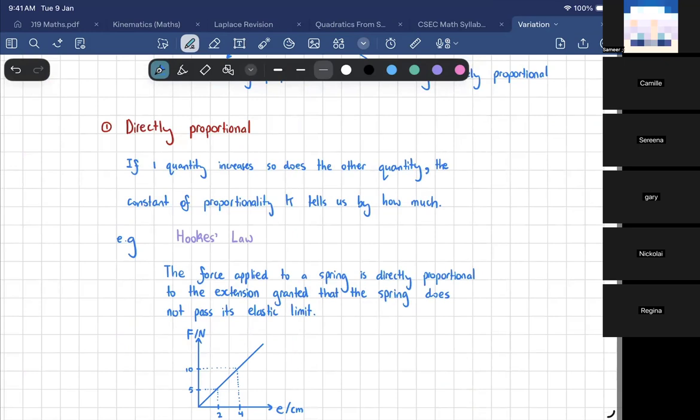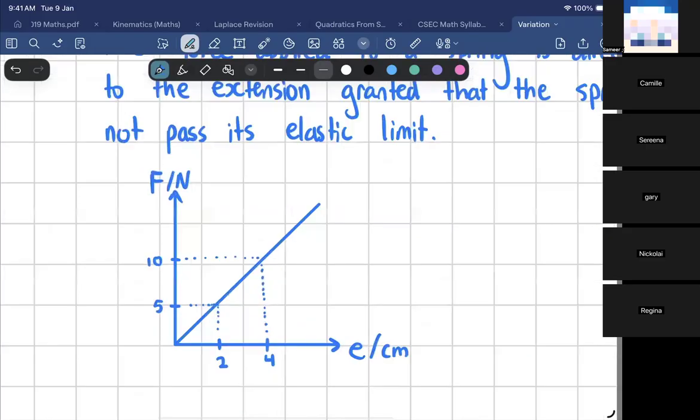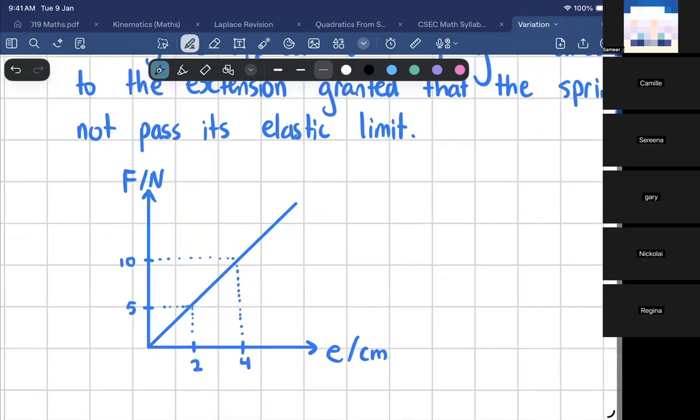Nikolai, if you have a spring and you pull it with some force, what happens to the spring? It goes extend. The more force you apply, what happens? It keeps extending. Exactly, until it reaches its elastic limit. So would you describe that as a directly proportional relationship?